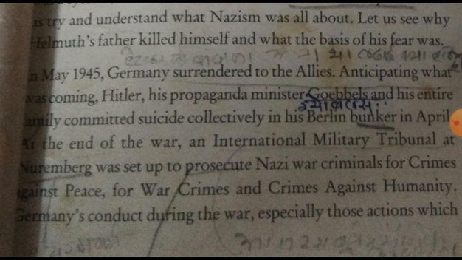Nazis were basically criminals for crimes against the peace, for war crimes and crimes against humanity. Means whatever ill treatment the Nazis gave, they were against the peace, for war crimes and crimes against humanity. Their crimes were against humanity. Humanity के खिलाफ उसके crimes थे.